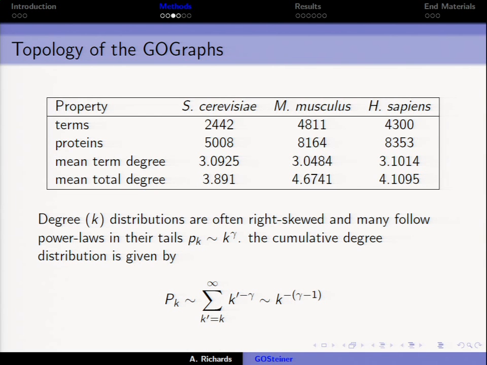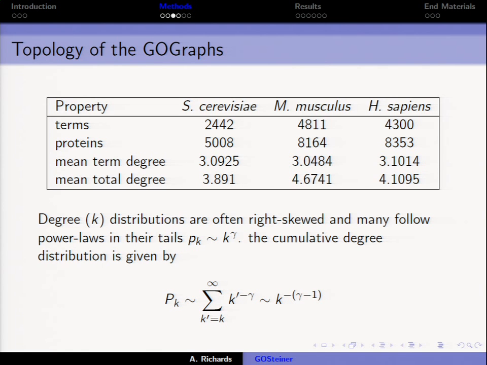Let's look at it a little bit. You can see the number of terms that are associated with each one of the species. You can also see the three aspects of the Gene Ontology, as many of you know: biological process, molecular function, and cellular component. For the purposes of this study we used biological process, but the method applies to all three, along with the number of genes that are associated with each of the different ones.